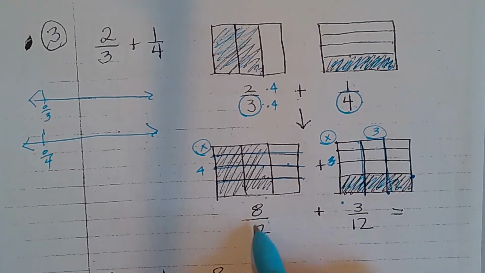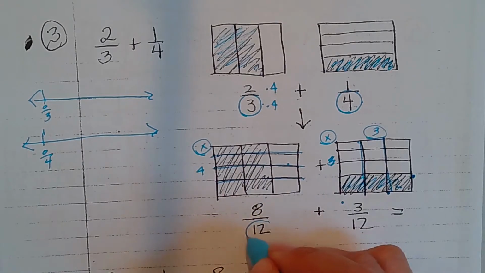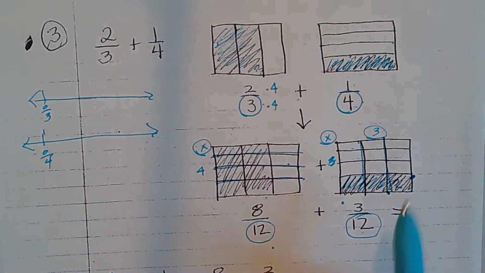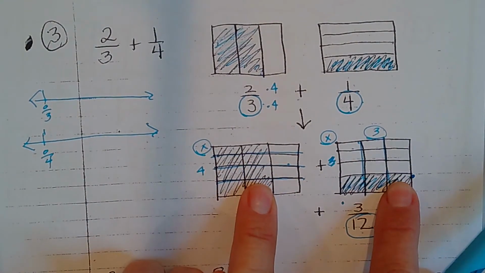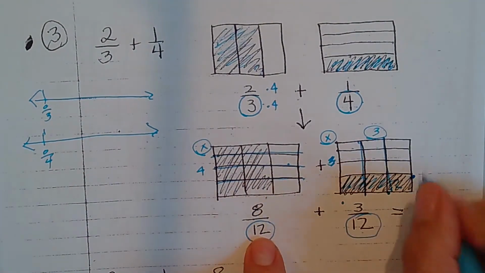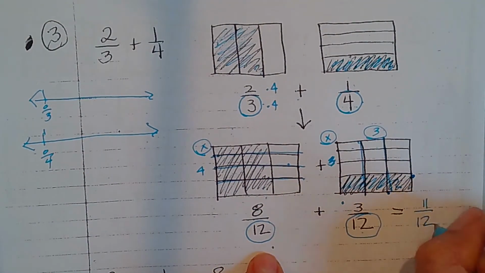So now I can add these because now the denominators are the same. They are like units. They have the same amount of pieces. Now I can put them together. So I have 11 12ths.